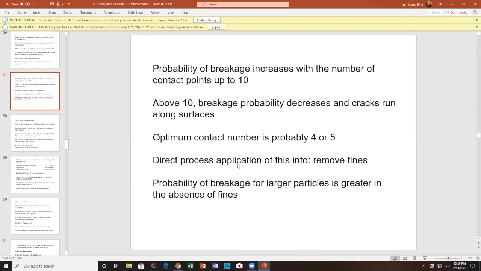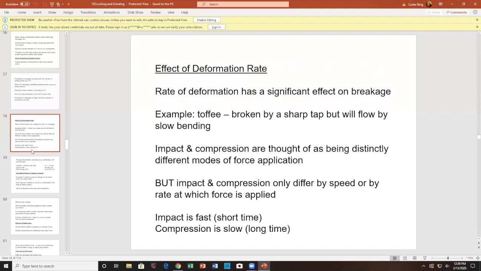And in direct process applications, you've got to remove the fines. If you remove fines, then you don't have the 10. Breakage of larger particles is greater in the absence of fines. So you don't want to recycle fines if you're into breakage.